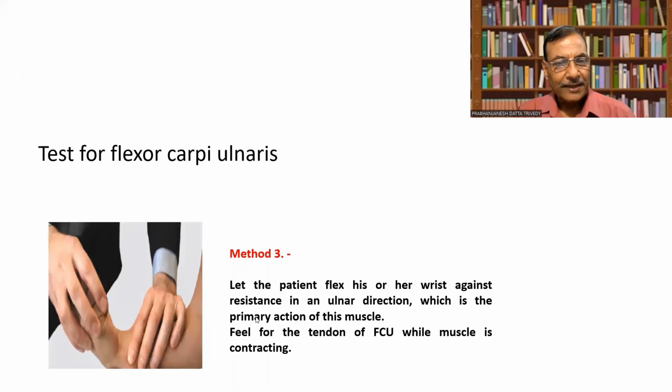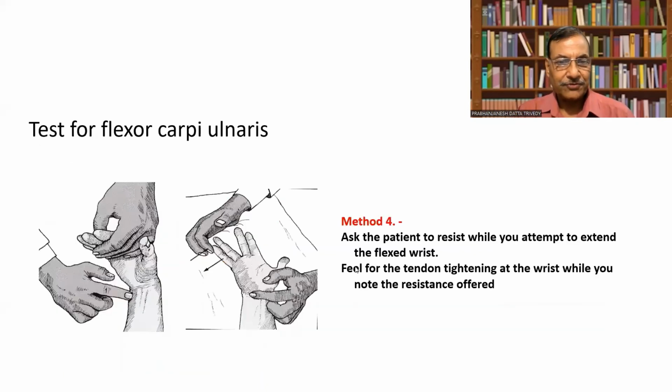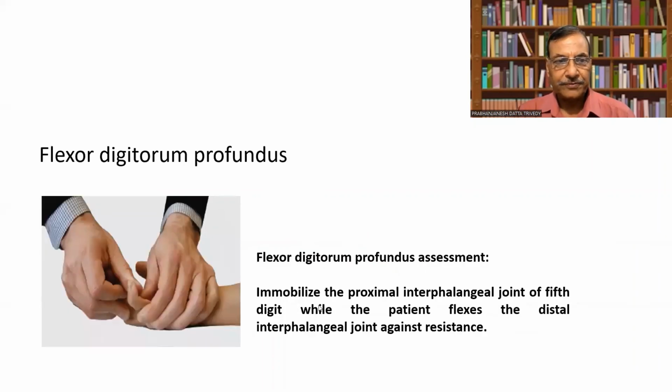Method 3 is, let the patient flex his or her wrist against resistance in an ulnar direction, which is the primary function of this muscle, and feel for the tendon of flexor carpi ulnaris. Method 4 is, ask the patient to resist while you attempt to extend the flexed wrist and feel for the contraction of the flexor carpi ulnaris.